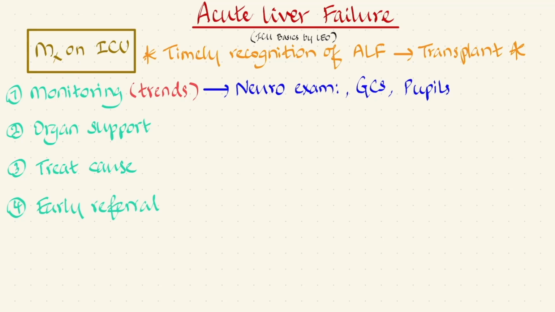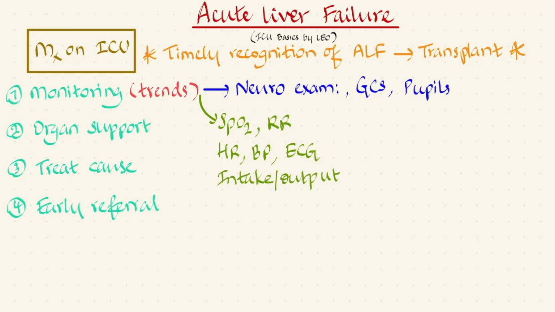We should also monitor basic parameters such as SpO2, respiratory rate, heart rate, blood pressure, ECG, urine output, fluid balance, blood glucose, and temperature to see if there is any other major organ impairment. Intra-abdominal pressure monitoring may be useful in patients with tense ascites.